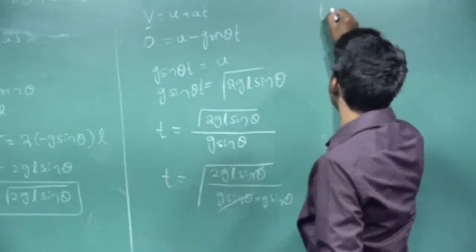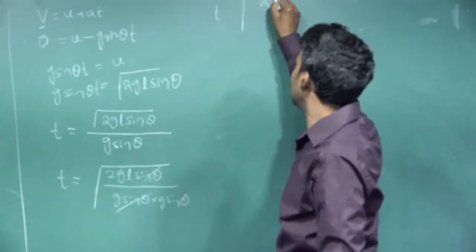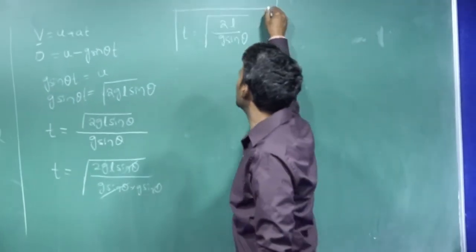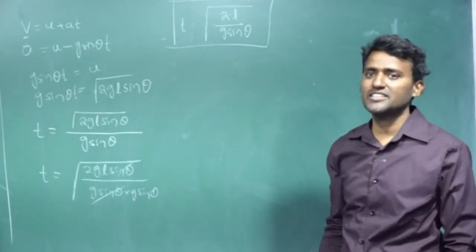Then t is equal to under root of 2l divided by g sin theta. Time is equal to under root of 2l divided by g sin theta.